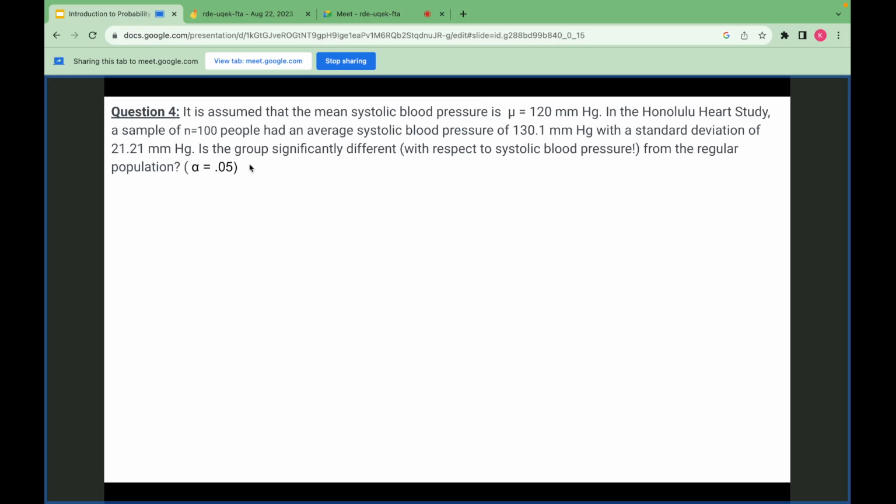So this says that this sample which we have taken is different from the regular population, because the regular population has mean 120, but this population has mean 130.1. But this is not just because of the direct difference of 10 mmHg. Here the variance also plays a role. Okay. So now moving to the next question.